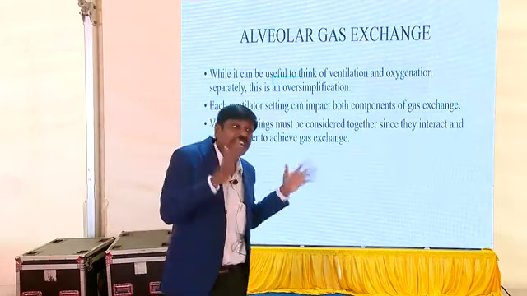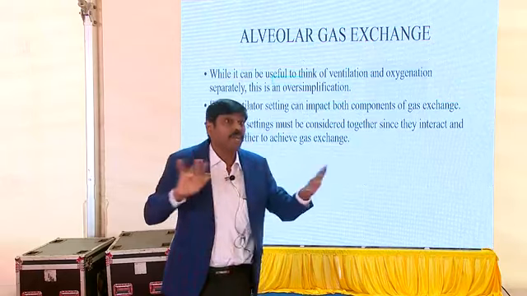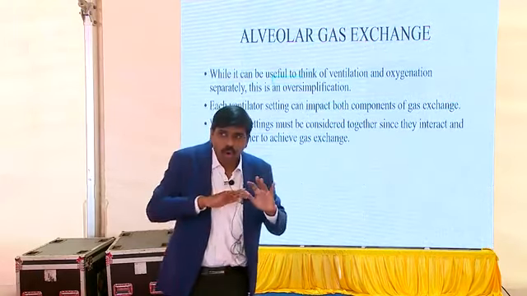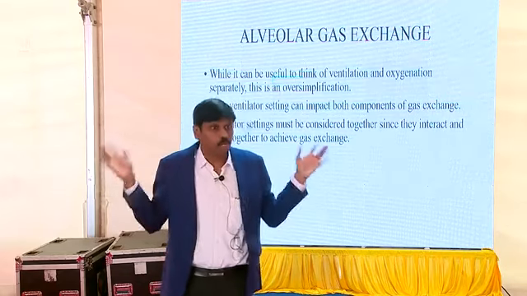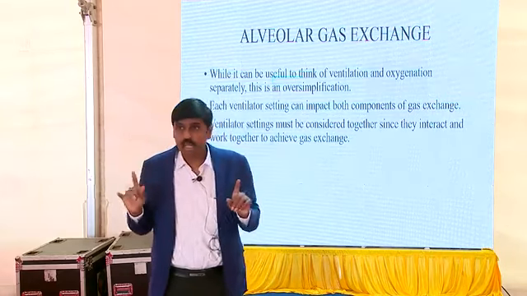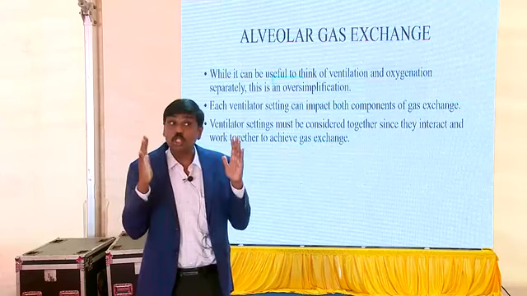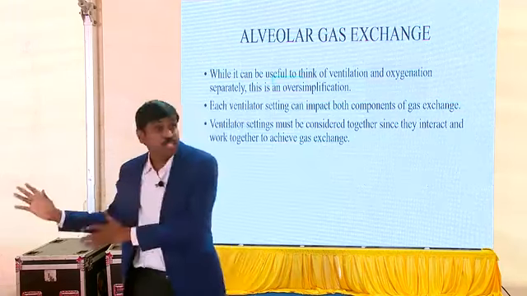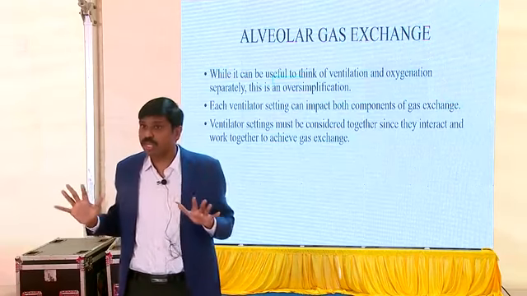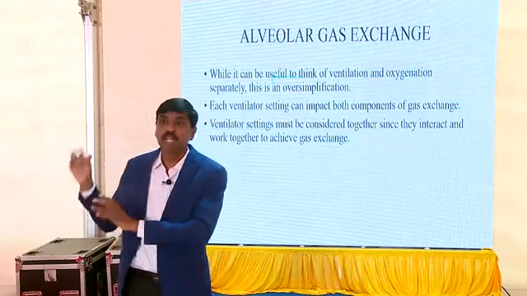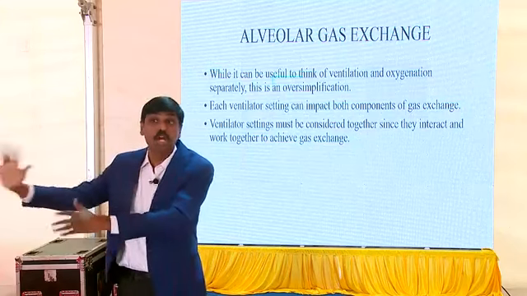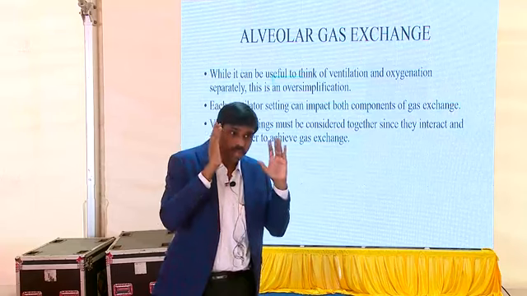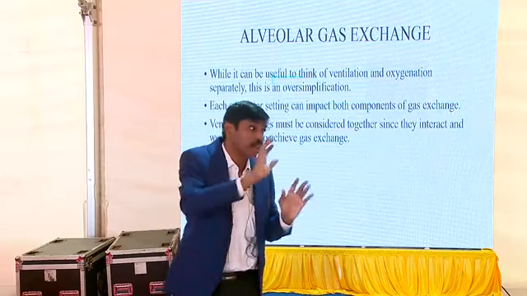When we are talking about conventional ventilation, separating it is quite difficult. But over the day we would be talking about high frequency ventilation, where you can do oxygenation separately and carbon dioxide separately. In a high frequency ventilator, if you want to eliminate carbon dioxide, you twist a knob that ensures only your carbon dioxide gets out. If you want to increase oxygenation, there you twist another knob.